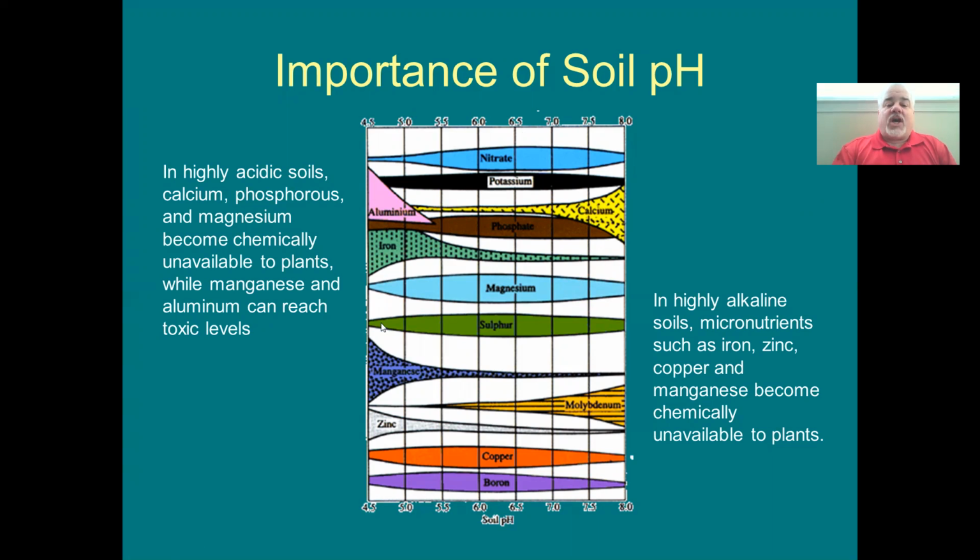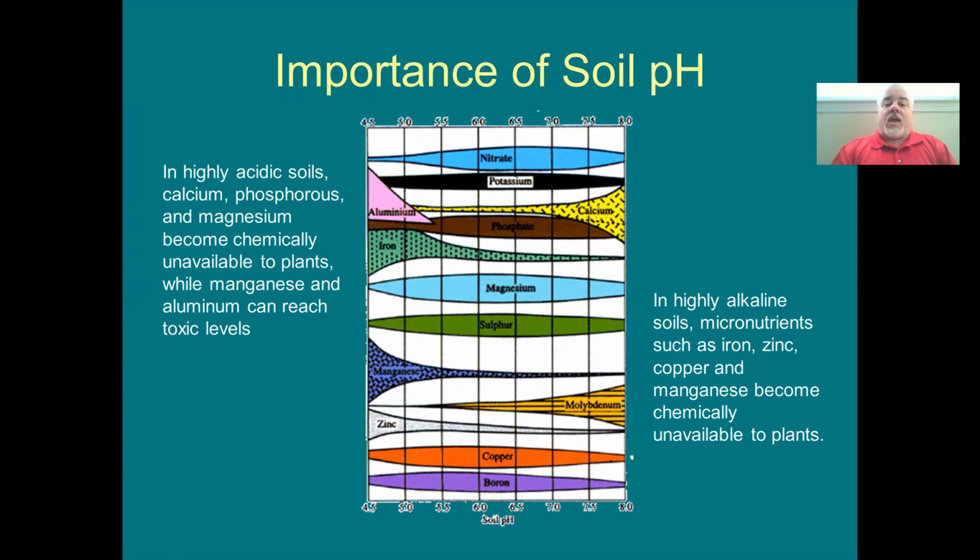And all of these colored bands are labeled with a subset of the 14 nutrient elements. There are 17 essential elements that all plants need. 14 of them are considered nutrients. And we have a large group of the 14 nutrient elements, plus aluminum, which is a toxin, that are shown on this chart.